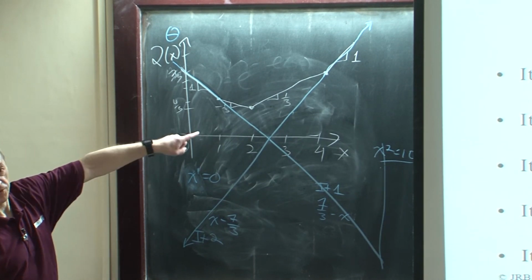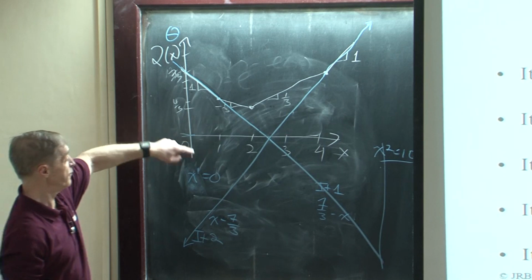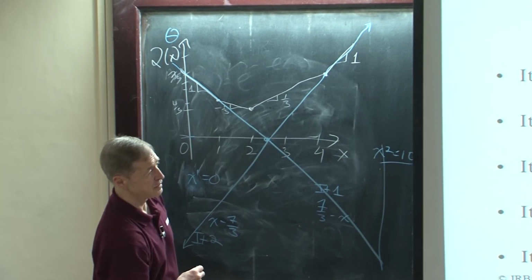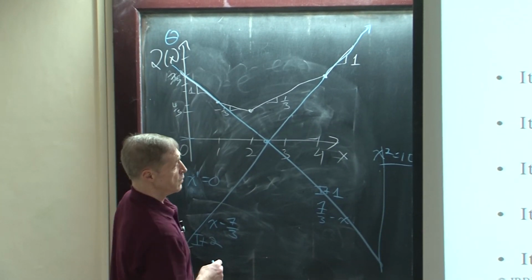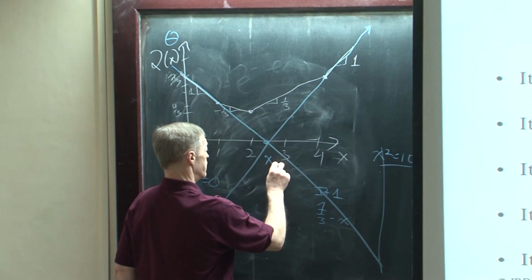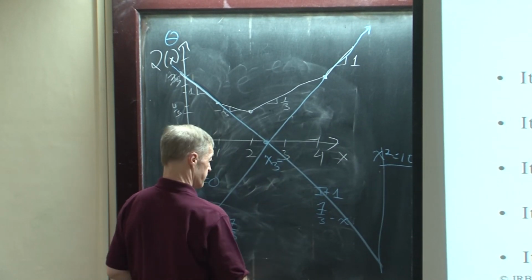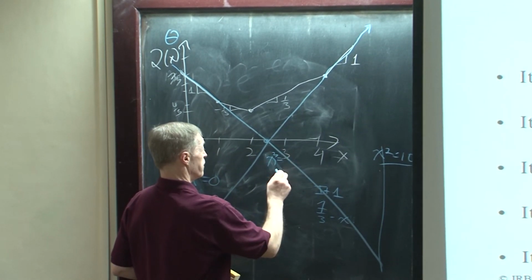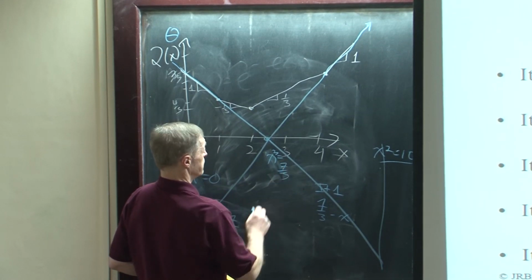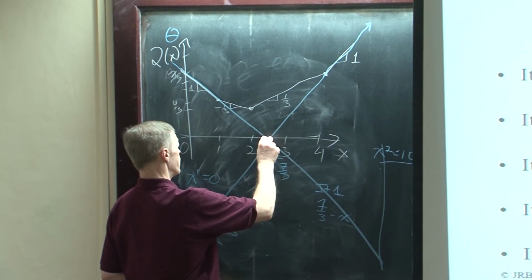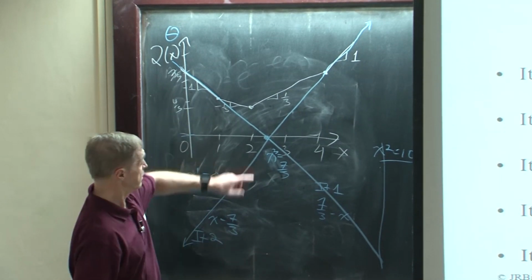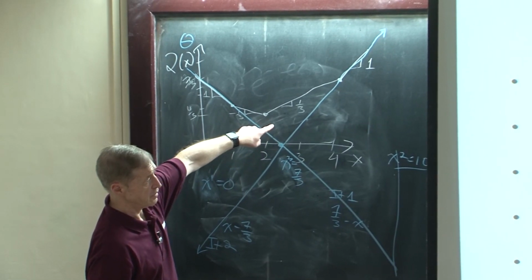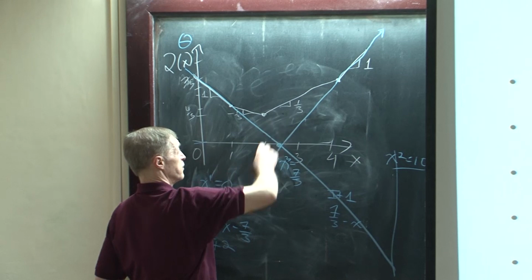Okay, so now I have these two. If I optimize over those two, I get this point down here, which is x3, which is 7/3. And now the theta is 0. The theta value you get is 0, but the q value is up here, so I know I'm below q.